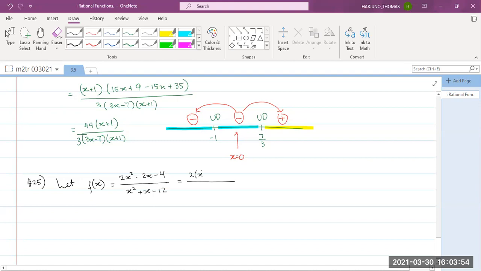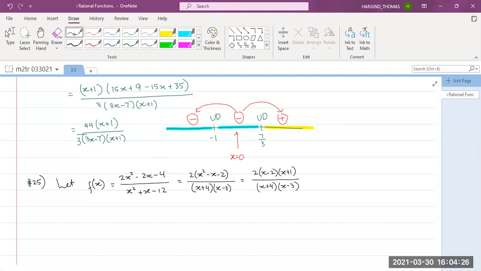So I get x squared minus x minus 2. At the bottom, that will be x plus 4, x minus 3. The numerator I can factor further. That's x minus 2, x plus 1, over x plus 4, x minus 3. Oh, nothing cancels, huh? It's already in simplified form. So no holes, right? No holes.